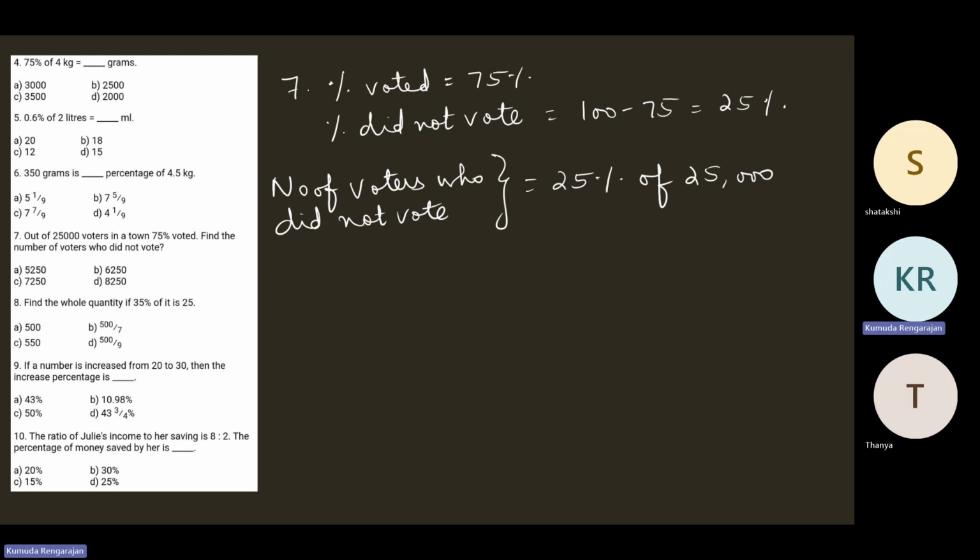What percentage did not vote? 25% of the total. 25% of 25,000. Or you can also find 75% of 25,000. That number will be the number of people who voted. Then 25,000 minus that answer will give you the number of voters who did not vote. We'll do it both the ways.